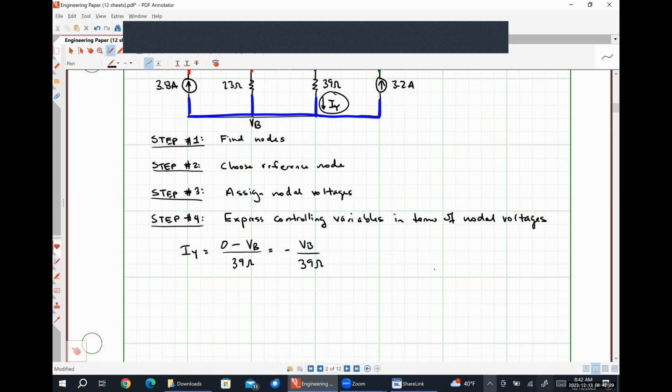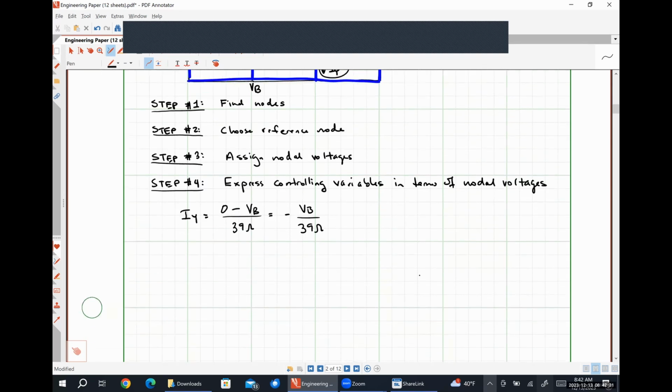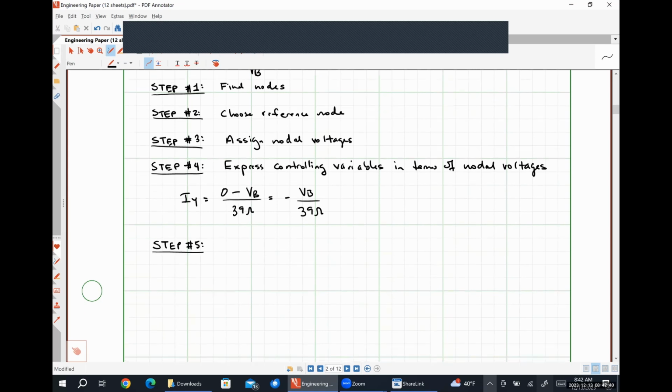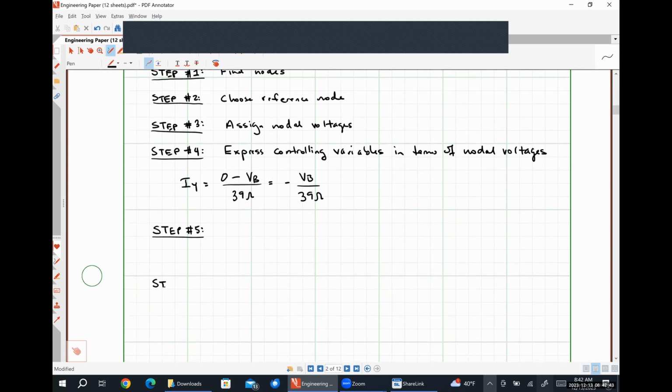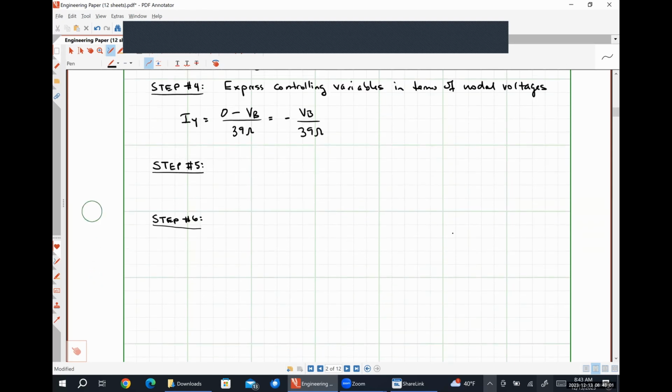All right, we are going to have a different step 5, so I'm going to leave some space for that. And then here's step 6. Let's call it step 6A.